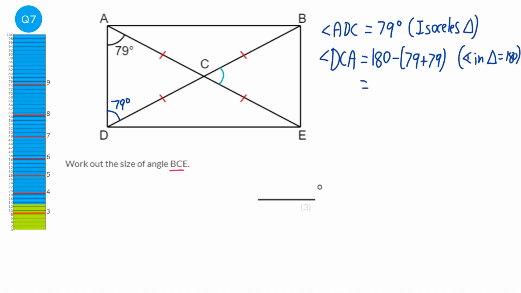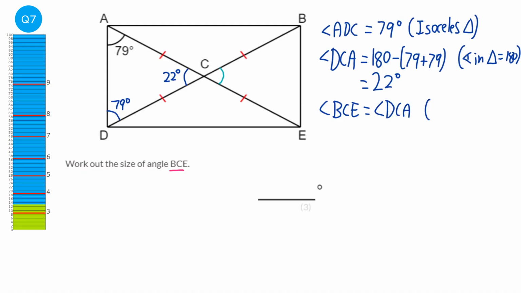Okay, so when we do that, we do 180, take away the 158, and we're left with 22 degrees. So we know that this is going to be 22 degrees. And now we can actually work out angle BCE, because it's going to equal angle DCA.